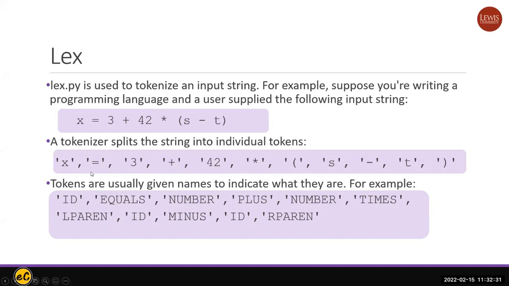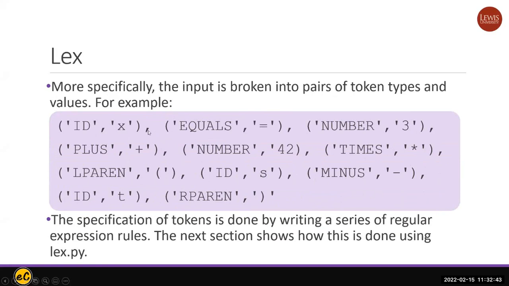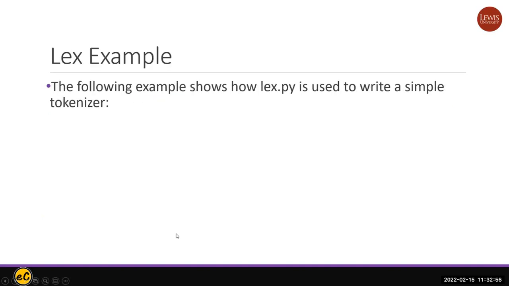Okay, so it would be ID equals number plus number times parenthesis ID minus ID parenthesis. So this will be the token result. Here you may generate such pairs: token type, token value, token type, token value, something like that.